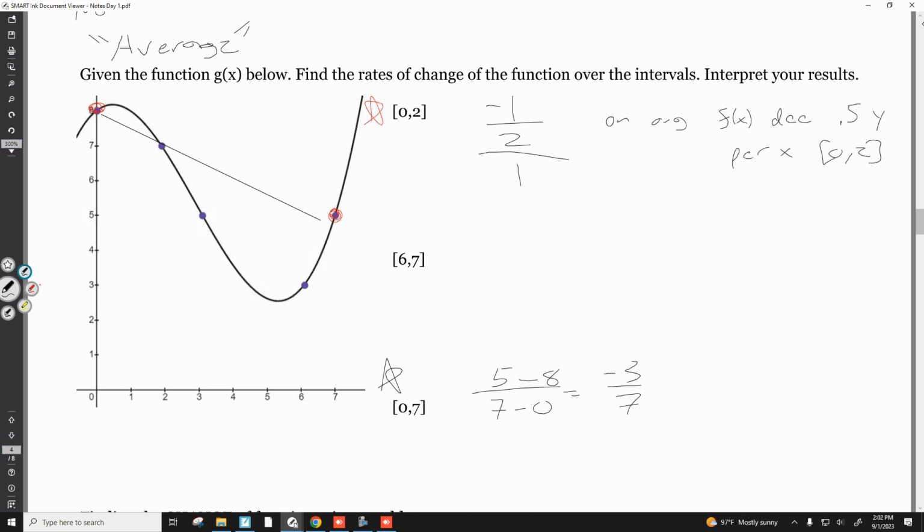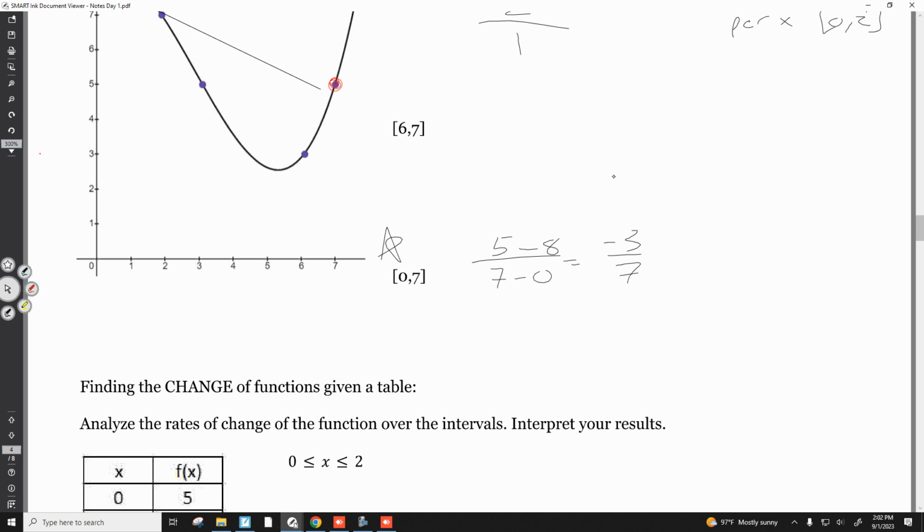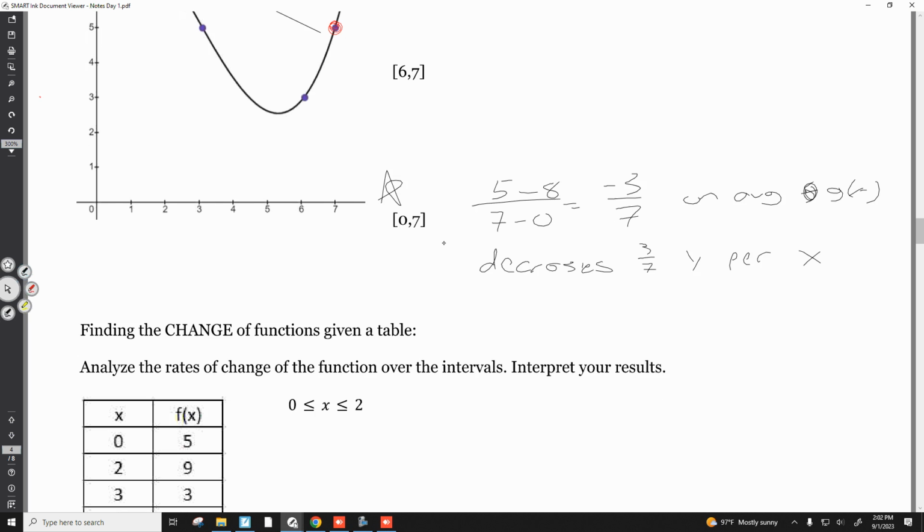Now, that's -3/7 over 1. So we can say on average, g of x decreases 3/7 of a y per x. Got it? Again, it's on average. We don't know exactly how it's changing. I mean, we can actually see how it's changing. More subintervals, more analysis.